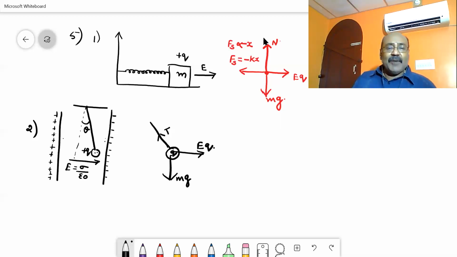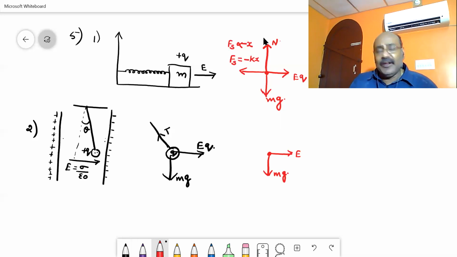So what is the free body diagram? If you want to draw the free body diagram, consider this mass as a point mass. Vertically downwards, the force acting is the gravitational force mg. Then the electric force acting on that charged body is along the direction of the electrical field.